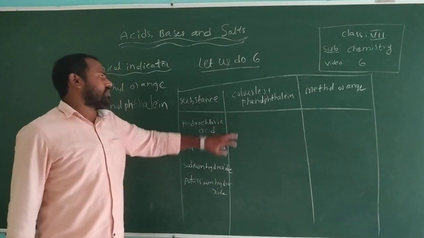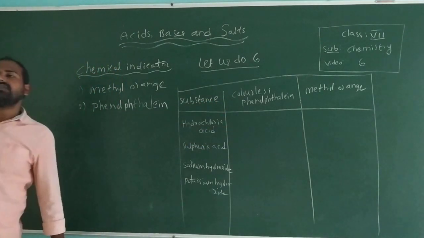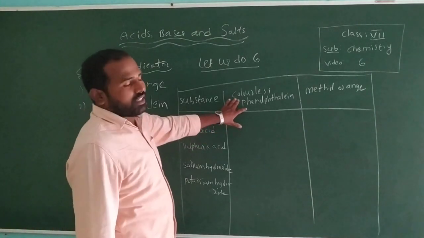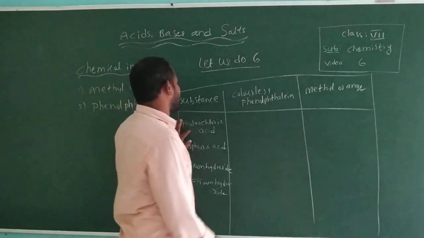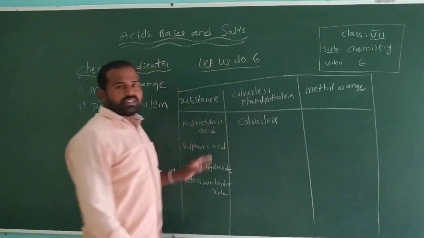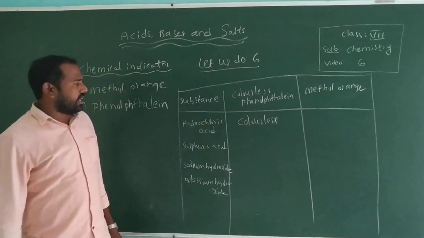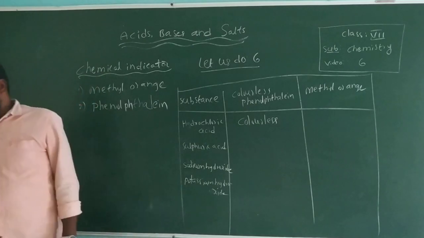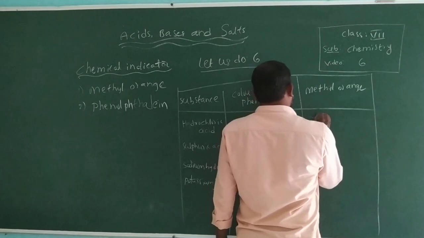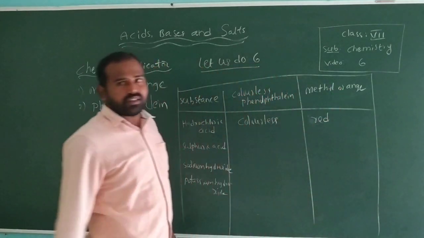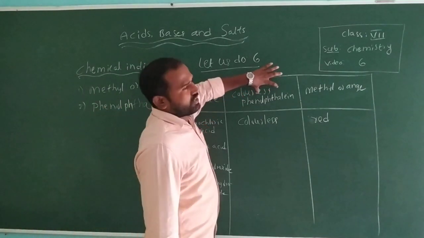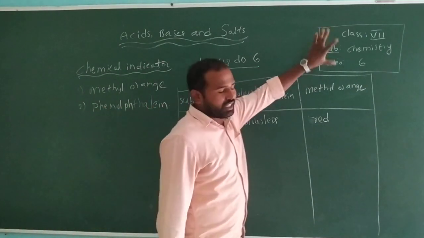Now, test the hydrochloric acid with the phenolphthalein indicator. Phenolphthalein remains colorless in hydrochloric acid. First take the color with only the phenolphthalein indicator, and afterwards we will go for the methyl orange.